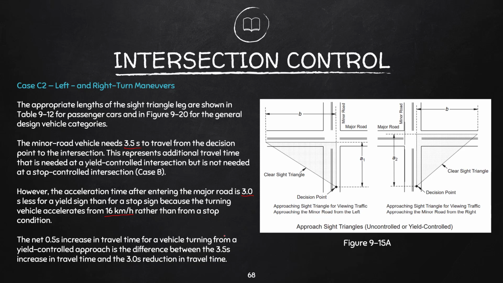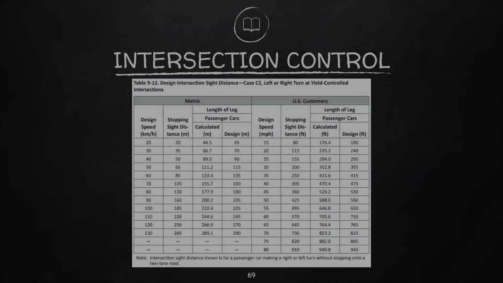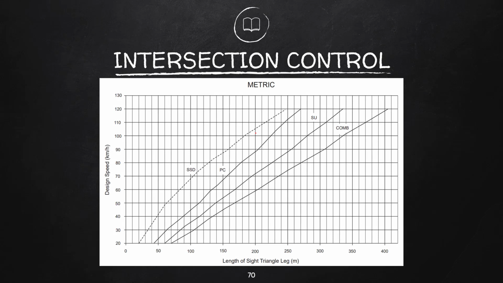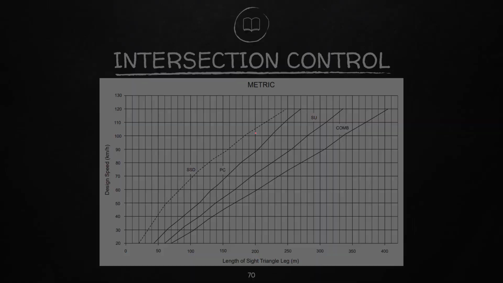That is why we are adding 0.5 seconds. This is table 9-12 for the decision ISD of case C2, left or right turn at yield-controlled intersections. And again, the figure compares it with the stopping sight distance provisions.